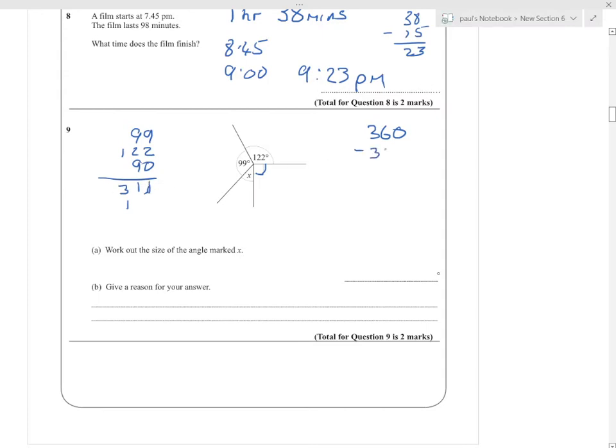So subtract 311 from that. So we get 49. Give a reason for your answer. All angles add to 360 degrees. Okay.